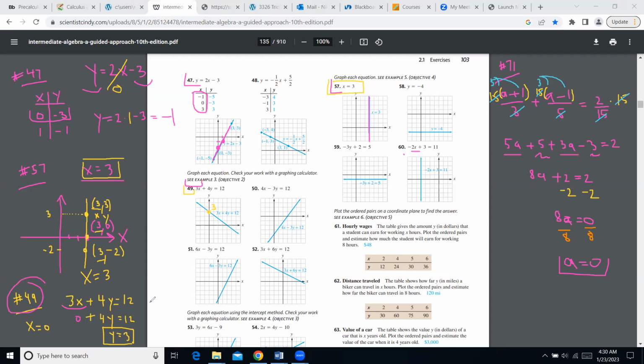Maybe it's a good idea that you try to calculate one value as a little quiz for today. So could you tell me, if y is equal to 0 in exercise number 49, what is x? Could you please do the exact same calculation that I just did in problem number 49?